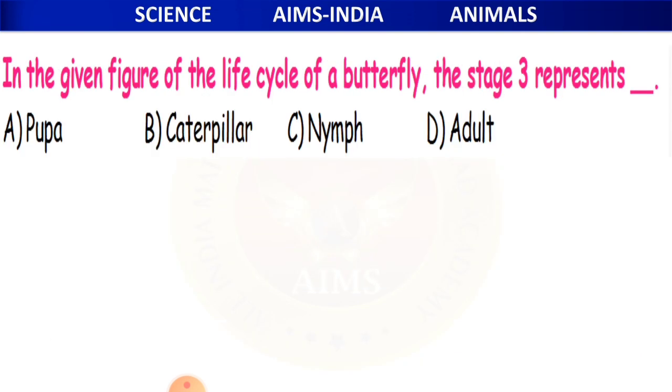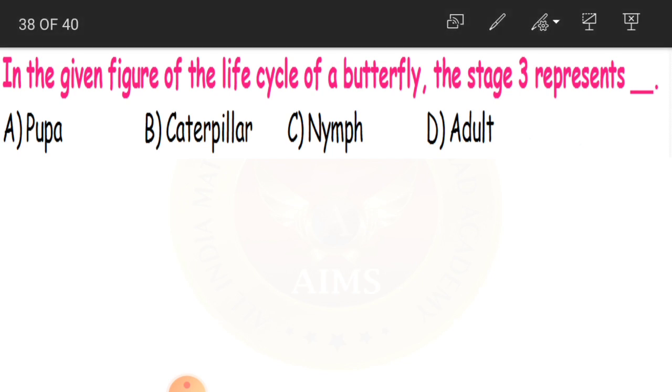Okay, children, clear? In the given figure of the life cycle of a butterfly, the stage 3 represents. Butterflies have 4 stages. What is stage 3? Whether pupa, caterpillar, nymph or adult.